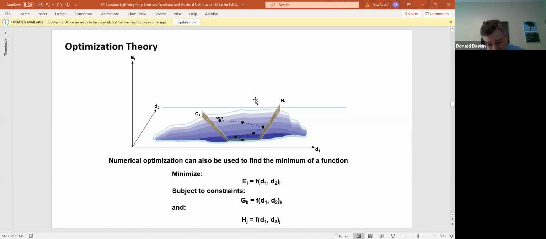You've got some objective function E. E is a function of D1 and D2, your design variables, and you're going down, down, down into this crevasse or hole or valley, and you're hitting back and forth on the fences until finally you start stepping around and you realize you're not getting any lower. You've converged, as they say. That's the word you hear a lot in structural optimization, convergence. You've converged on a minimum or maximum.